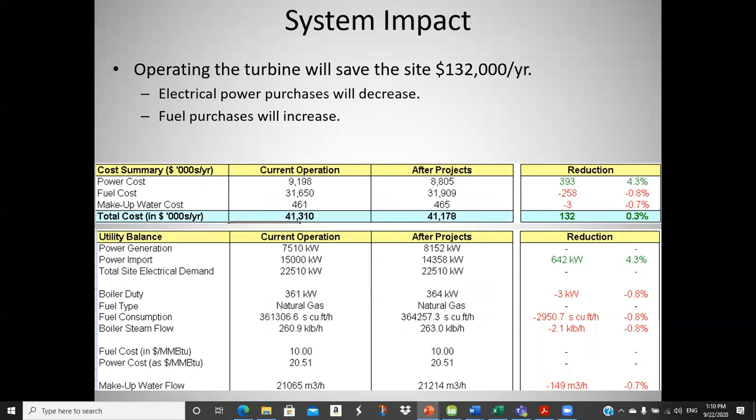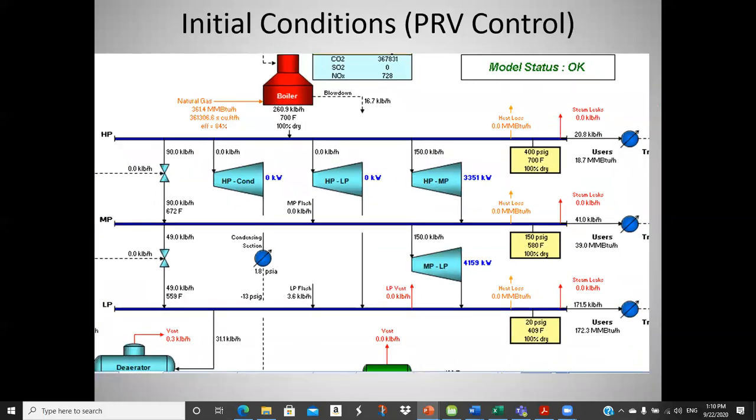So on the impact, looks like we're going to save 132,000 overall. Power cost is going down 393,000. Fuel cost is going up. Oh, that's the other thing. We didn't look at overall steam generation. Steam generation with the PRV is 260,900, right here under the boiler.